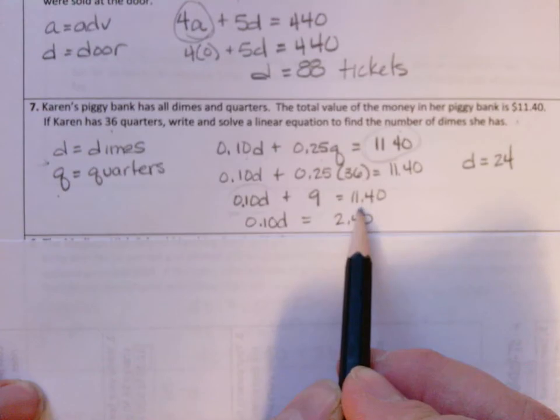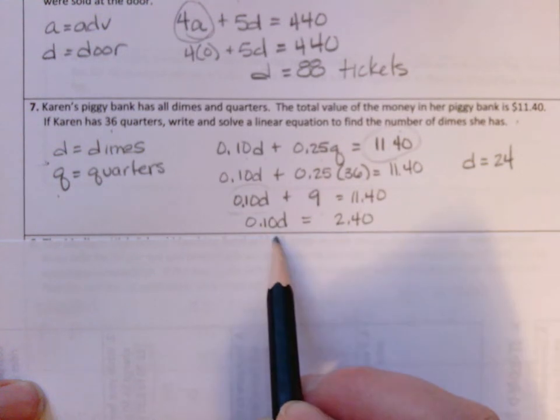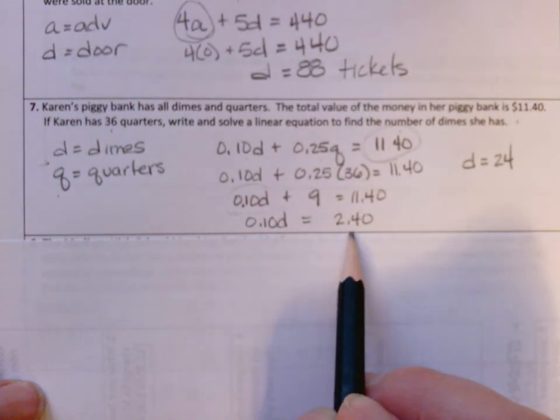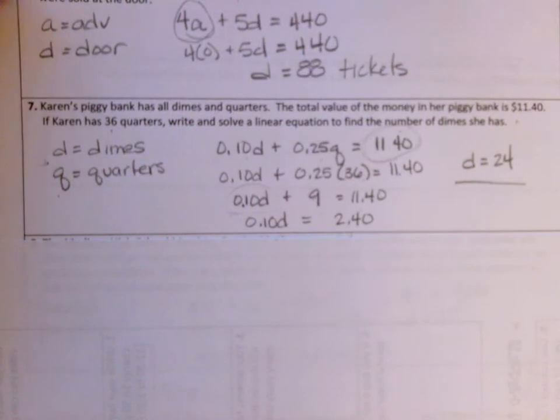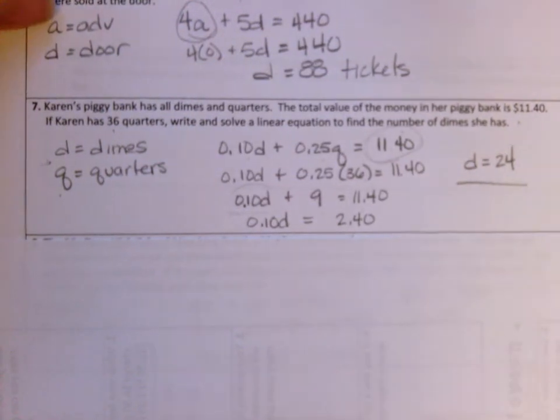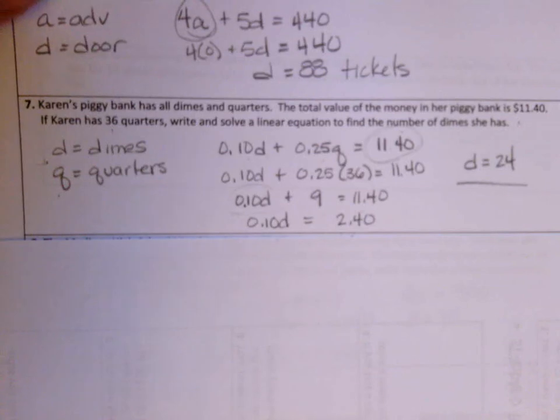And I can subtract 9 from both sides to get the value of my dimes has to be equal to $2.40. So I know that Karen had 24 dimes in her piggy bank. So pause the video again, and I'd like you to try to do problem number 8 on your own and then check back.